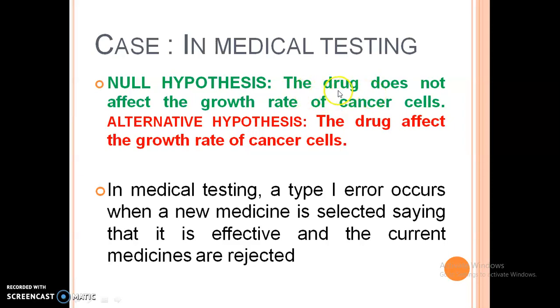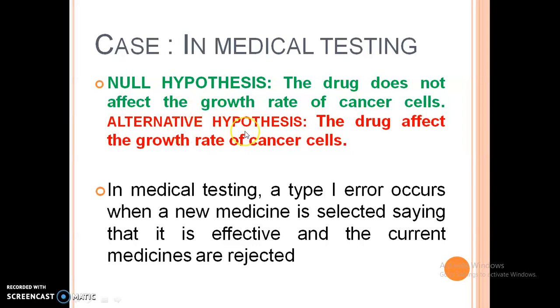We are saying that there is no connection between the drug and the growth rate of cancer cells. We are not saying that the drug is reducing or increasing. We are saying it is not affecting, that there is no relation, no connection between the two parameters: one is the medicine and the second one is the growth of cancer cells. So this is our null hypothesis.